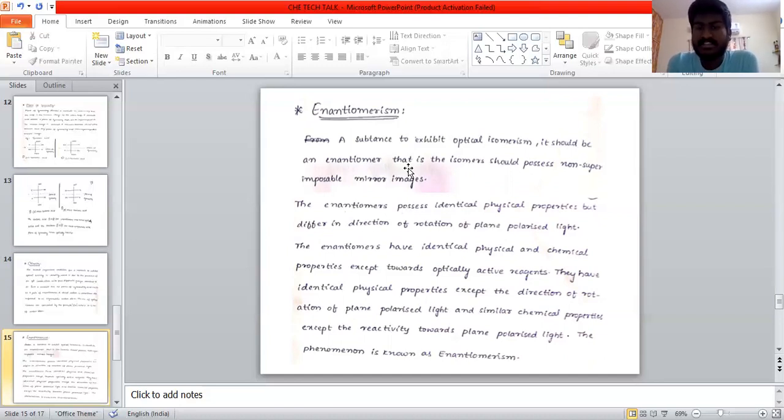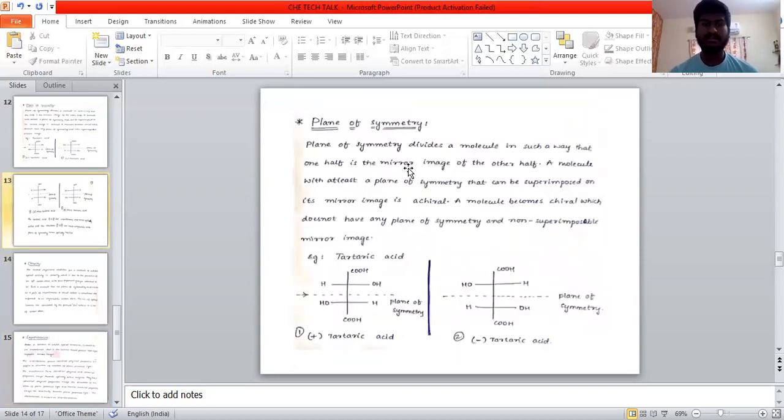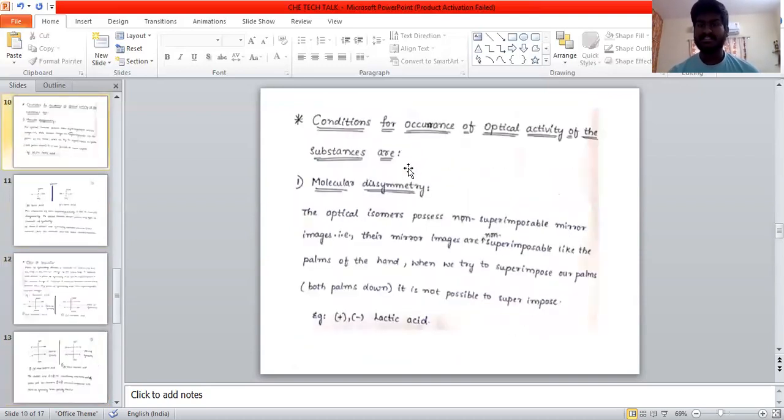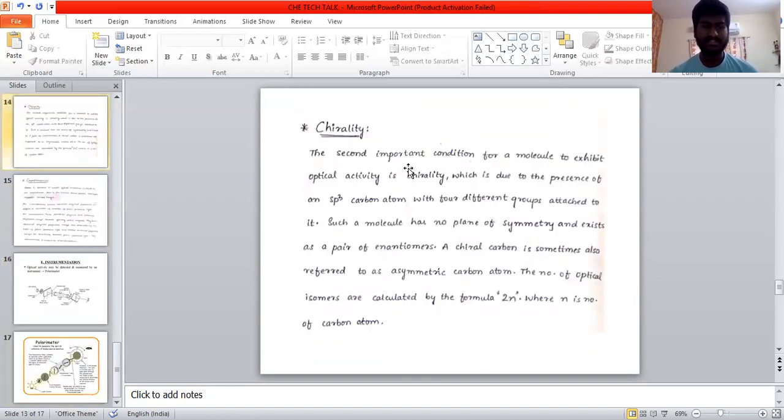That means they have the same physical properties but differ in the direction of rotation of plane polarized light. These are all the conditions for the occurrence of optical activity. So these are the 4 conditions.